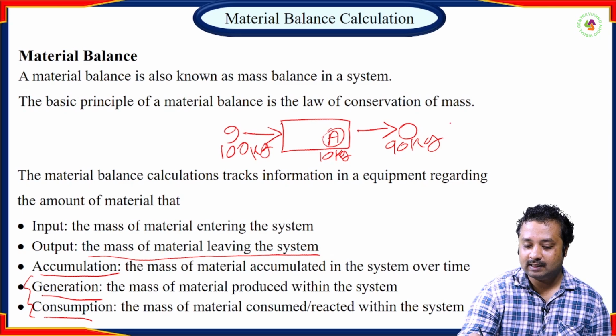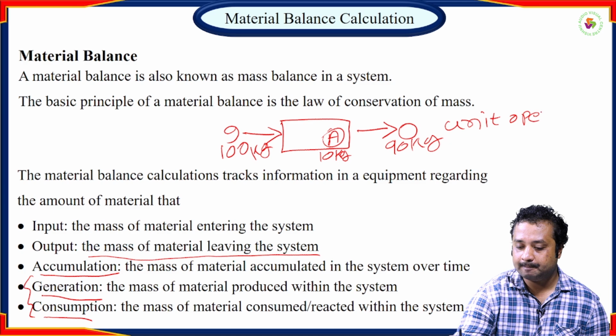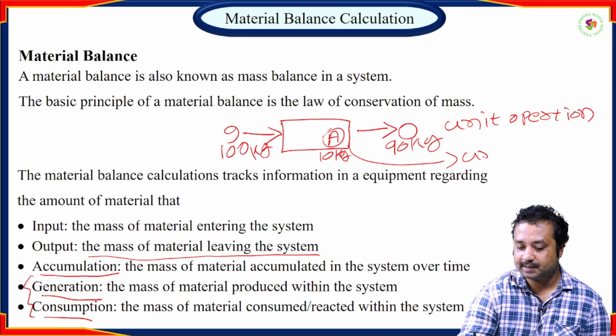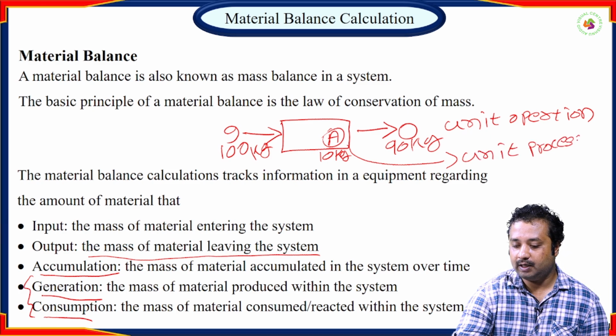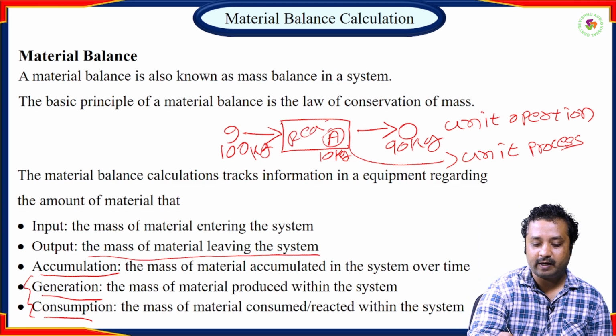That process is called a unit operation, where no reaction is happening. But if the system is a unit process, then inside the system some reaction will happen.